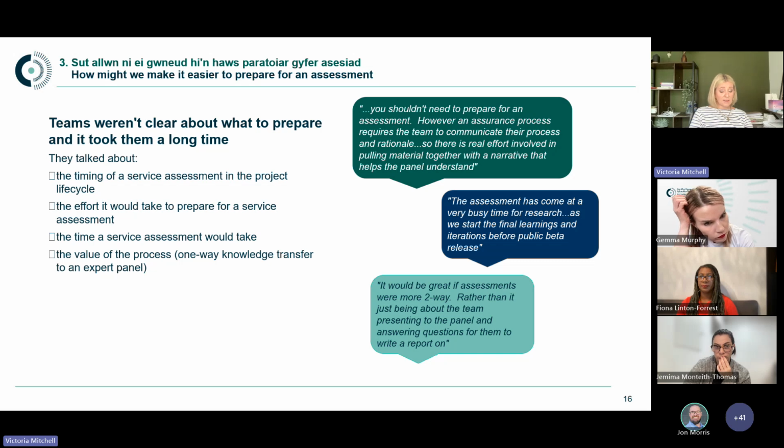We said currently it's 4 hours. And then the value of actually doing that. One person described the 4-hour session as quite a one-way knowledge transfer to an expert panel, which they didn't get a lot of value out of. So that's something to consider.